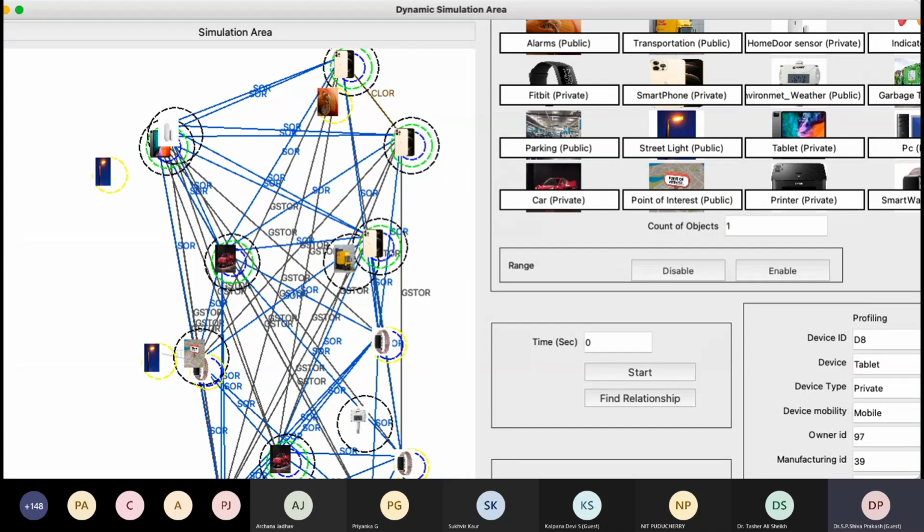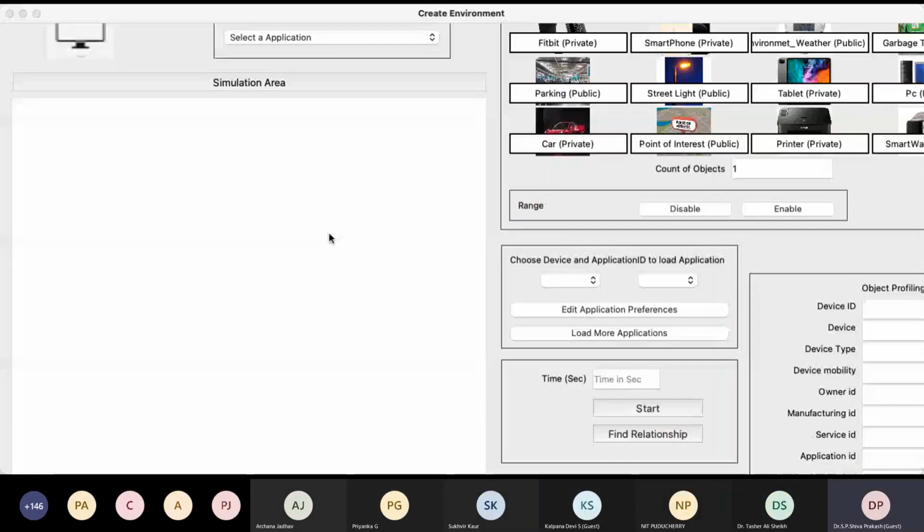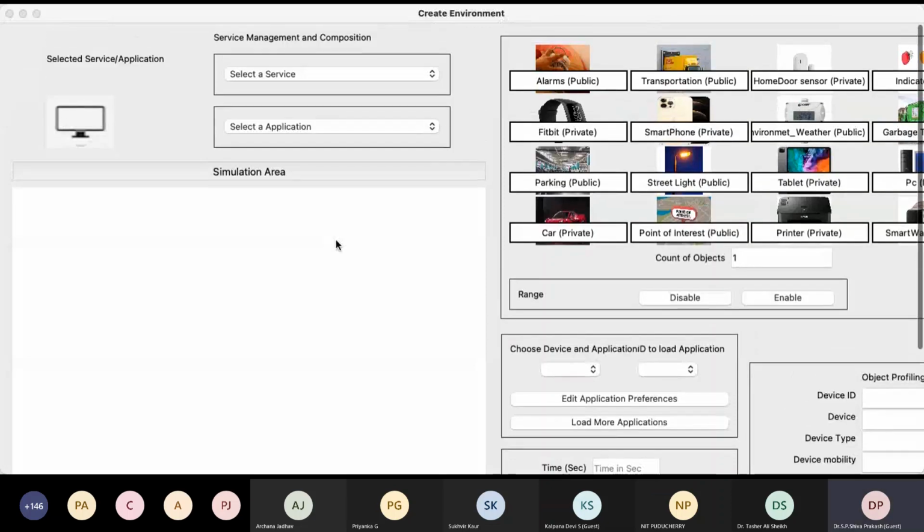Now let me navigate to the environment model. Basically, this is an environment model.